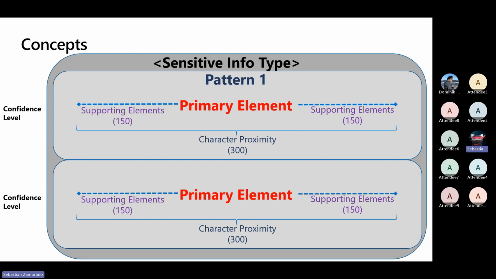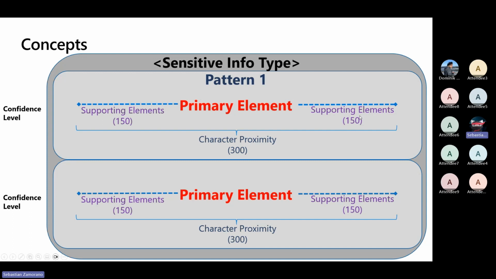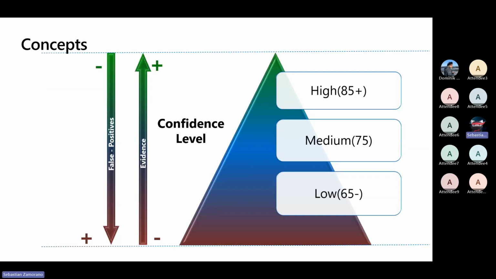We will set some columns as a primary element, and then we will define which other columns will be supporting elements. If the primary element is not present, we will not have any kind of match. That is very important.